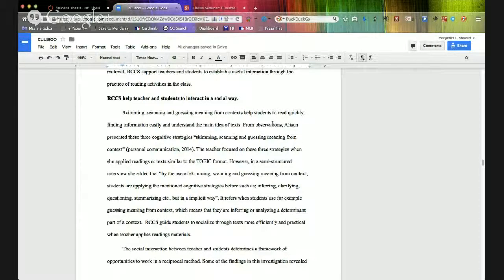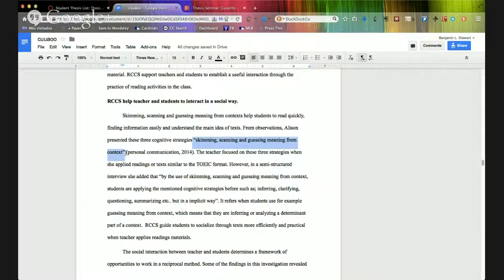From observations, analysis presented. Now, what is this direct quote coming from? From observation. But what did the teacher say? Did the teacher say this in class?